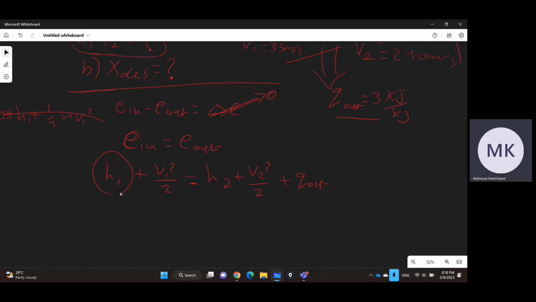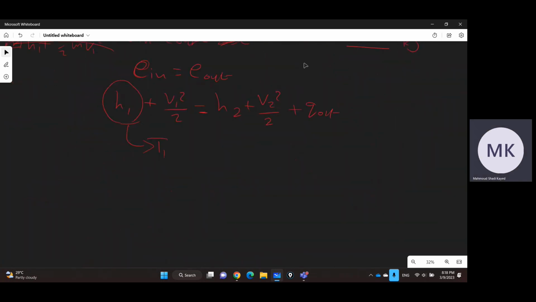So the only choice is to find H1 from the table using the T1 given to us, which is 65 degrees centigrade. After we find H1 from T1, everything else is known, and the only unknown left is H2.